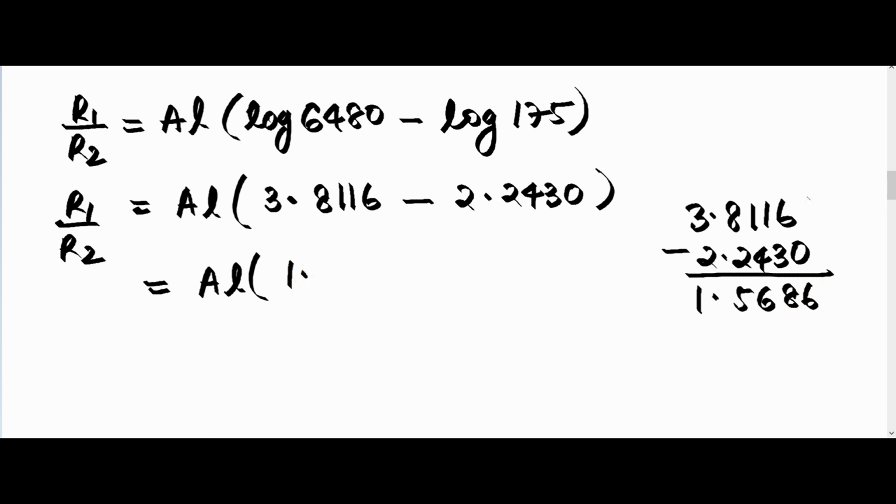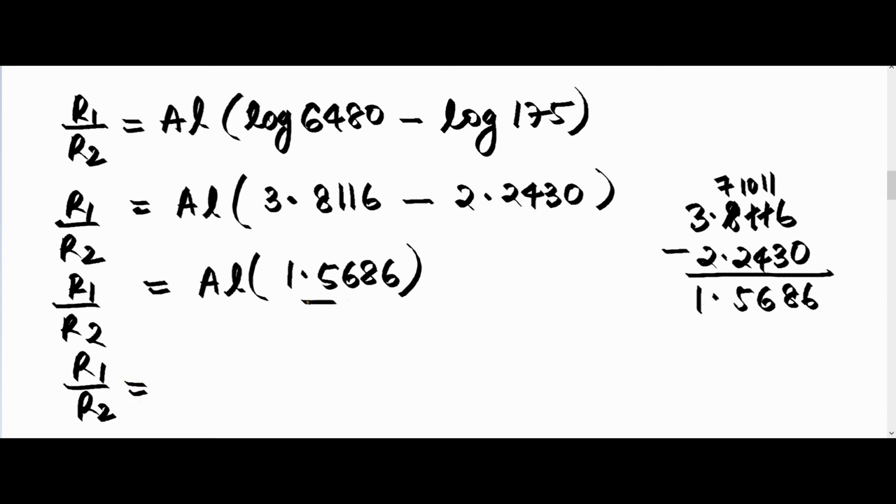So this calculation I have already done. You can take powers and you can find out the value. So 1.5686 is the value that we got, which is the log of R1 upon R2. Now let us take the anti-log.